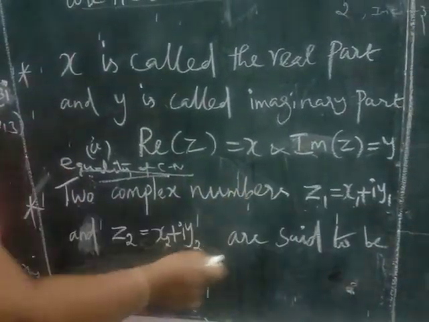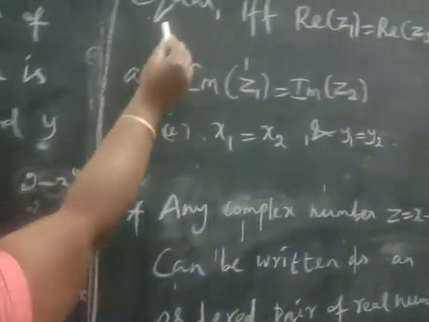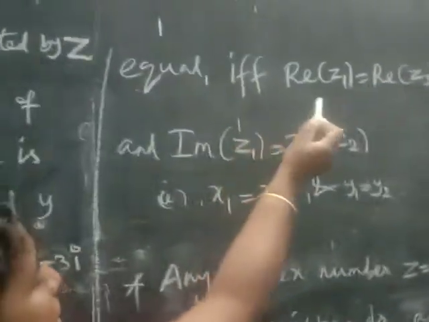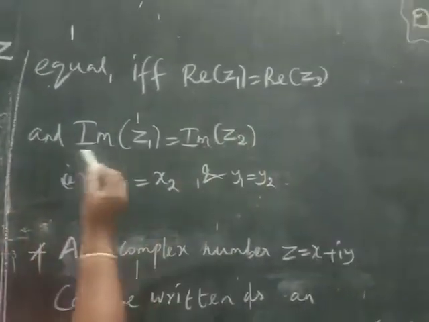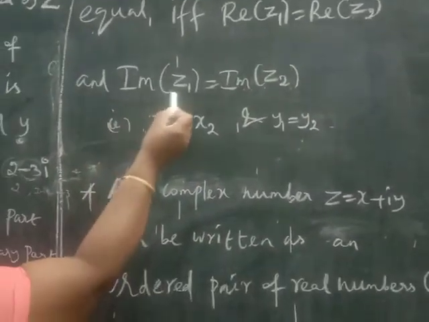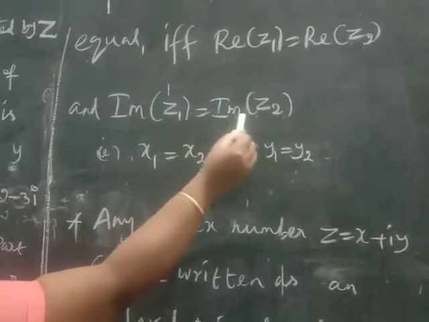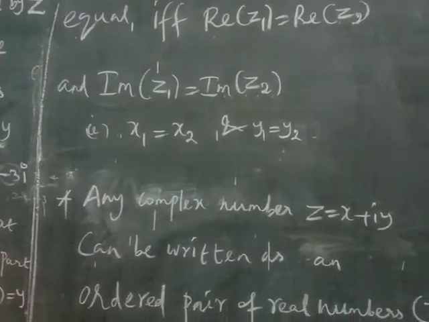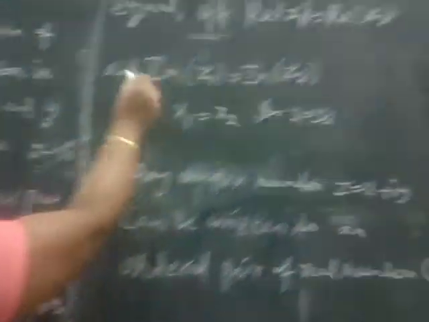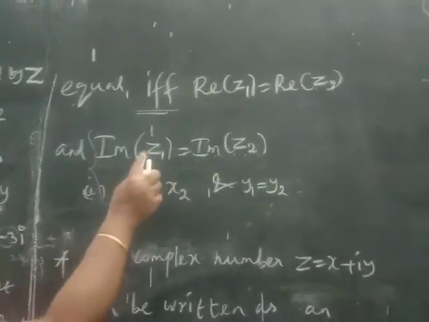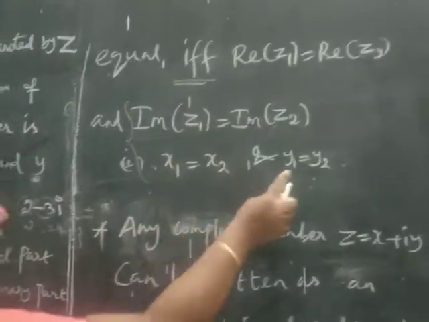These two complex numbers are said to be equal if and only if the real part of Z1 equals the real part of Z2 and the imaginary part of Z1 equals the imaginary part of Z2. What is if and only if? If you are saying two complex numbers are equal, this is true: the real parts and imaginary parts are equal.